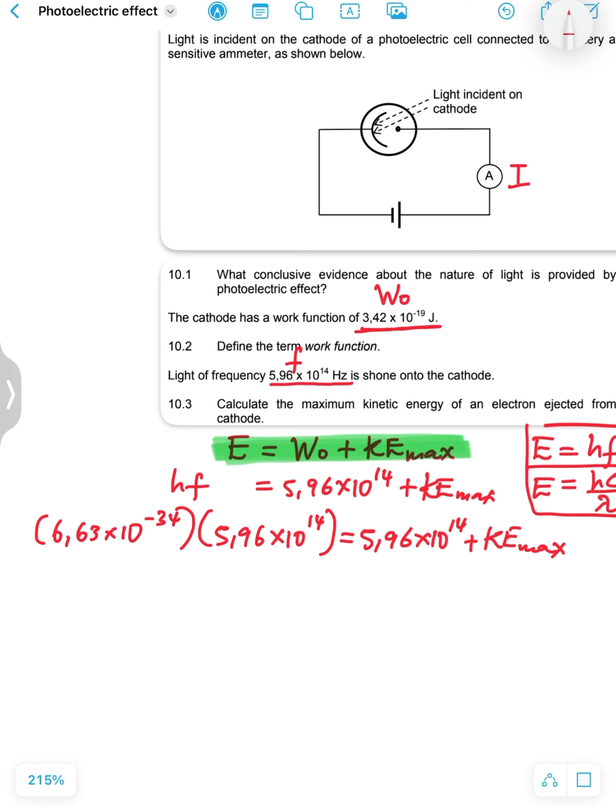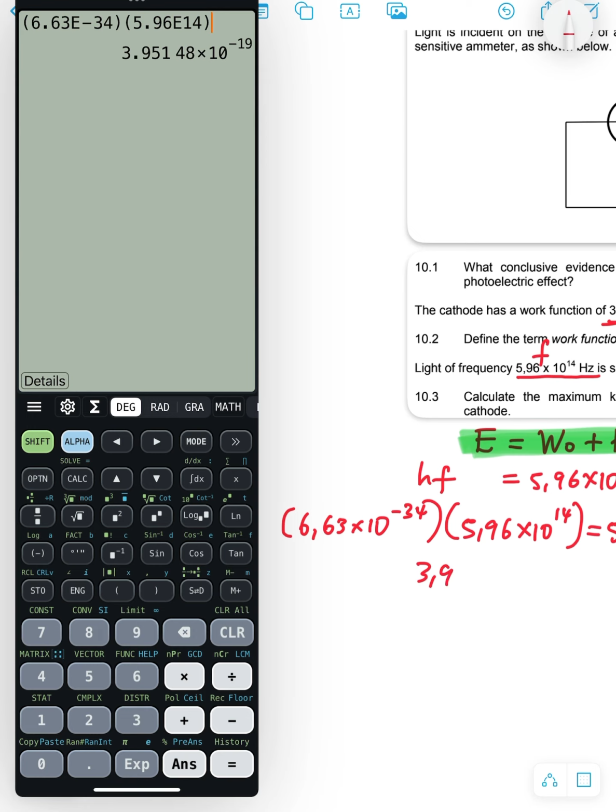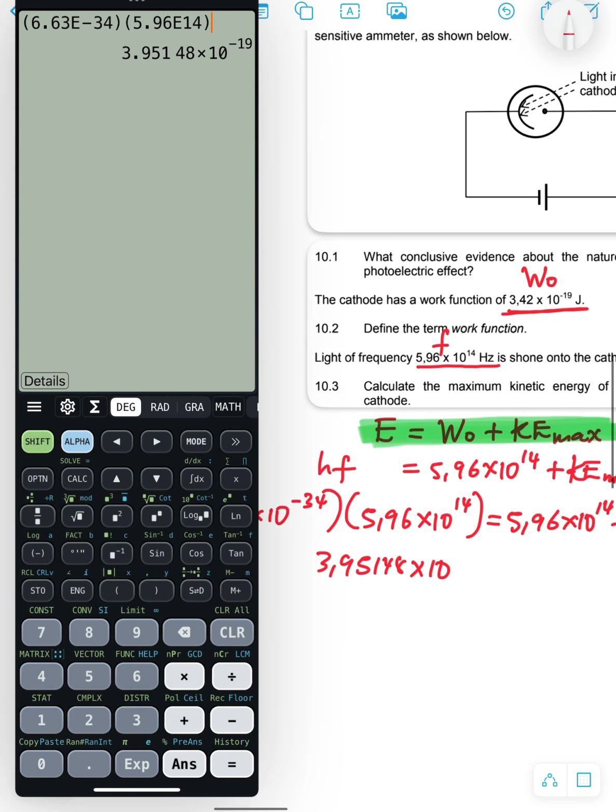So if you do your calculations here, you will see that when you multiply 6.63 times 10 to the power of negative 34 by 5.96 times 10 to the power of 14, it gives you 3.95148 times 10 to the power of negative 19.